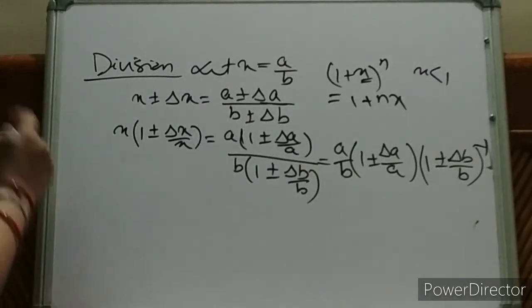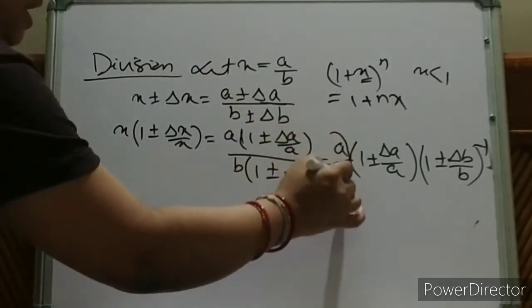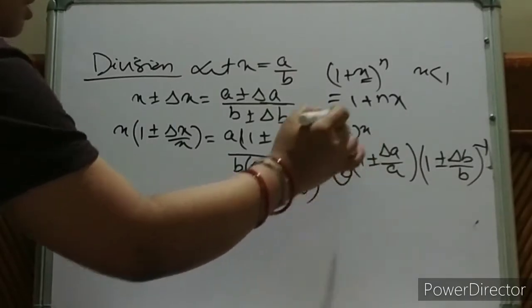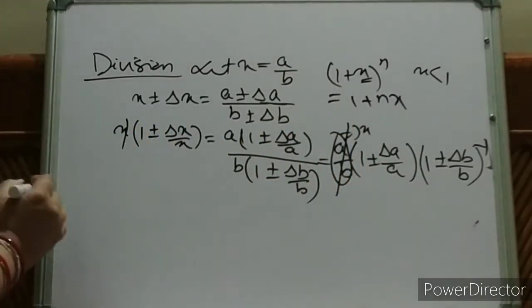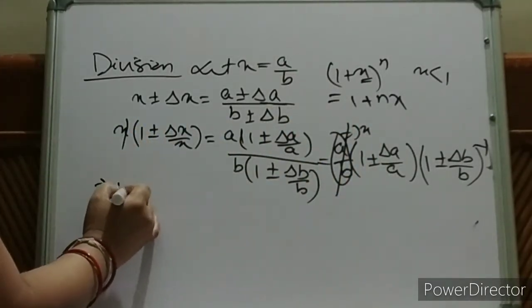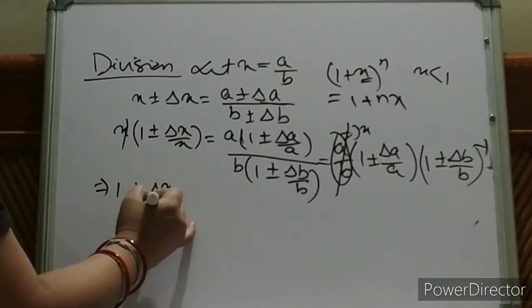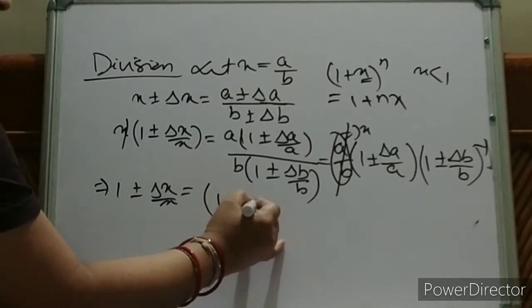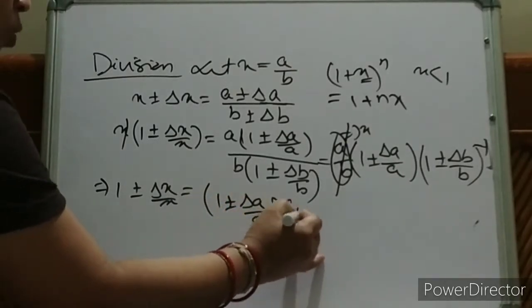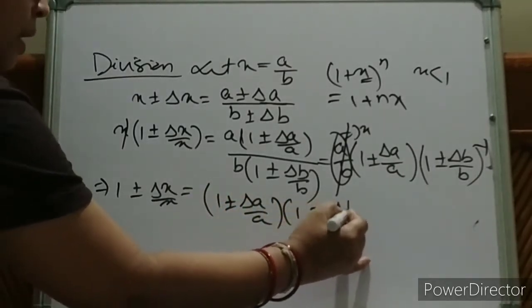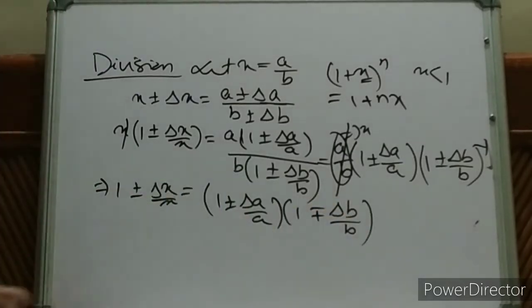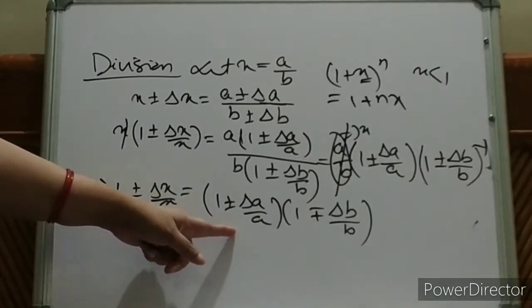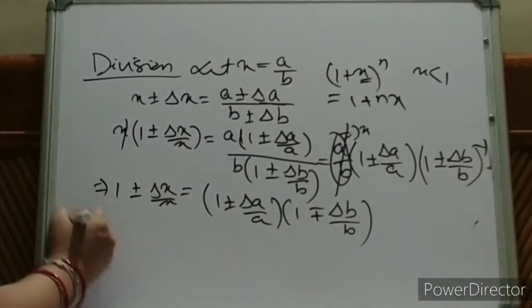So what will you write? See, another thing: this is a by b, so this is x, so that means we can cancel it out. So we can write 1 plus minus delta x by x is equal to (1 plus minus delta a by a)(1 minus plus delta b by b). Is it clear? So we'll just expand this, that means we'll open the bracket.